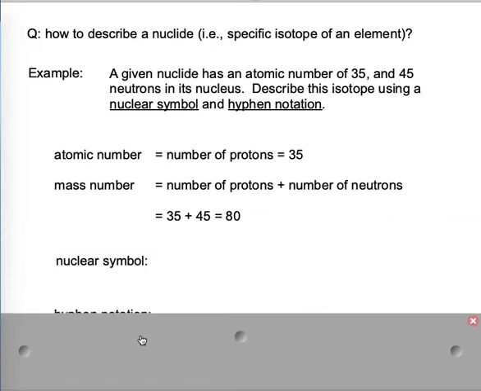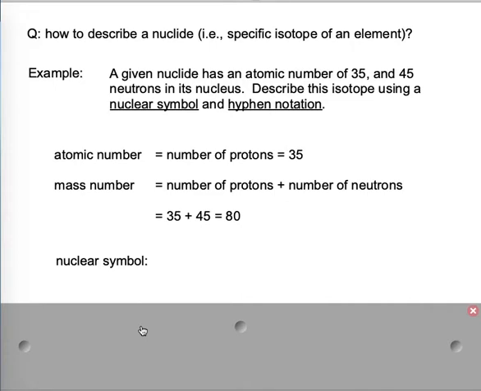For the nuclear symbol, I will begin by writing the symbol of the element. How do I know the element? Well, if I know its atomic number, I simply find it on the periodic table, and I see that element 35 is bromine, so I'll write the symbol of bromine. In the lower left, I write the atomic number, 35, and in the upper right, I write the mass number, the total number of protons and neutrons, which is 80.